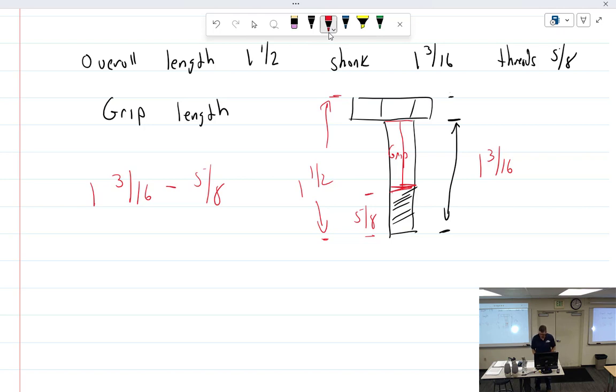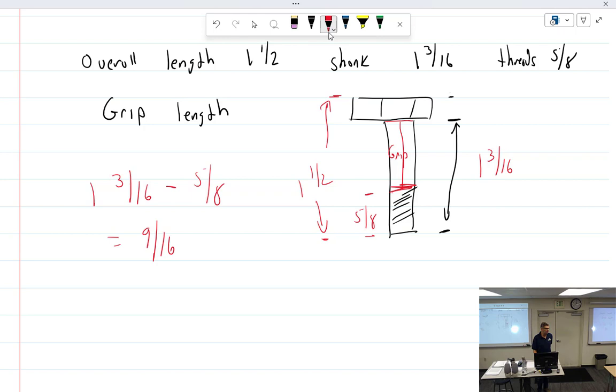So 1 3/16 minus 5/8 equals 9/16. And what if 9/16 is the answer on the test? A possible answer, I'd go with that. That's the only thing that makes any sense.